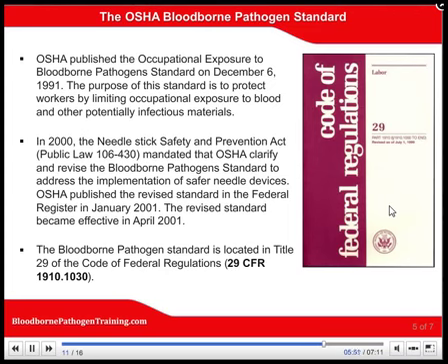OSHA published the revised standard in the Federal Register in January 2001. The revised standard became effective in April 2001. The Blood-borne Pathogen Standard is located in Title 29 of the Code of Federal Regulations, 29 CFR 1910.1030.